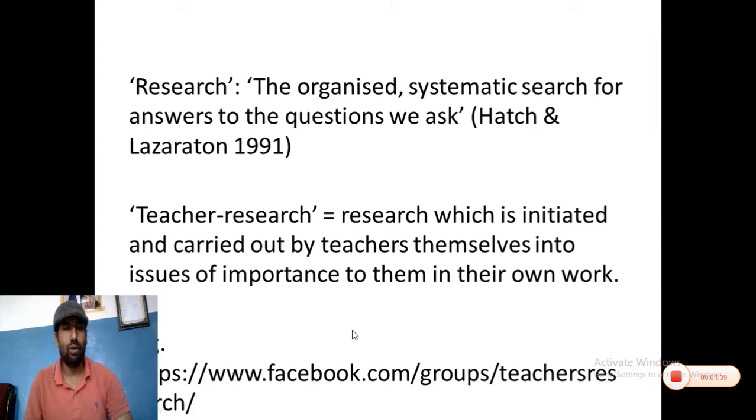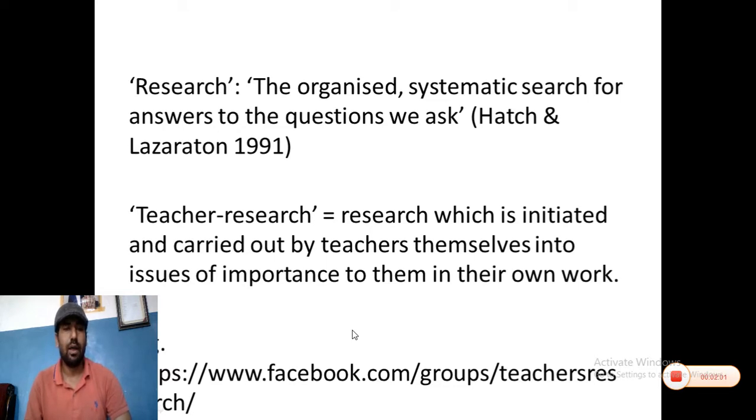We have just learned what research is till now. Research is the organized systematic search for answers to the questions we ask, and teacher research is research which is initiated and carried out by teachers themselves into issues of importance to them in their own work.